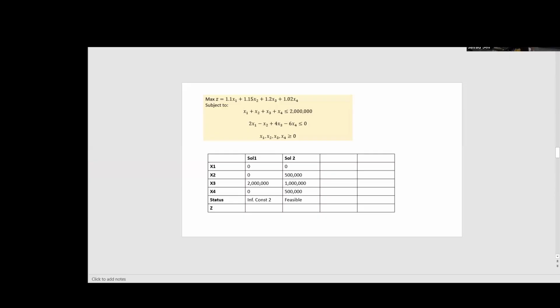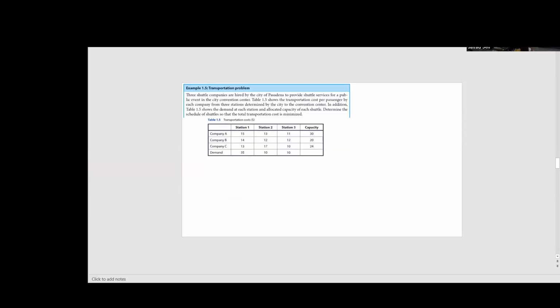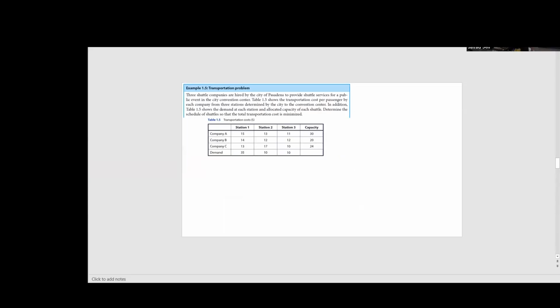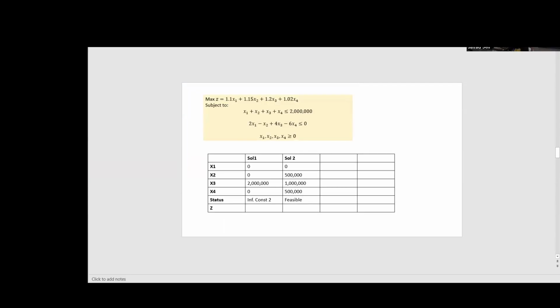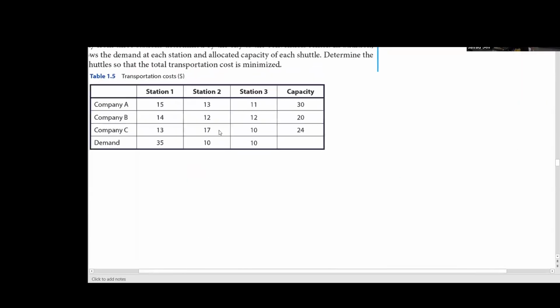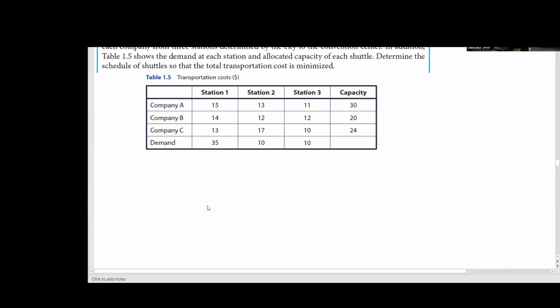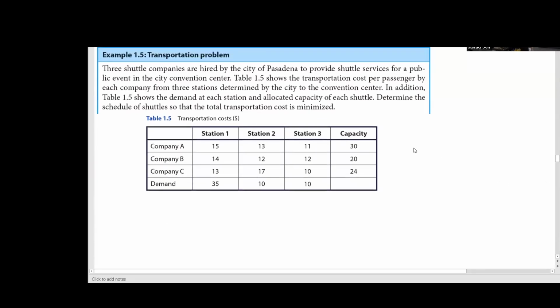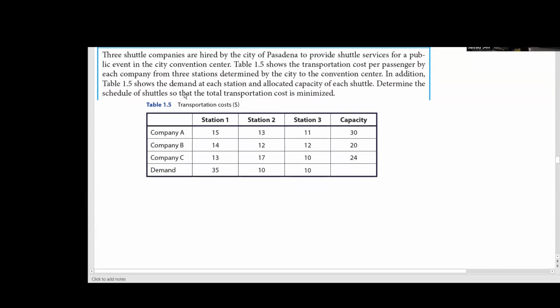Okay, let's look at another one and then I'll switch to another type of problem. This one is for you. This one is a little different. As you see, every new problem we encounter is a little different. So 3 shuttle companies are hired by the city of Pasadena to provide shuttle services for a public event in the city convention center.